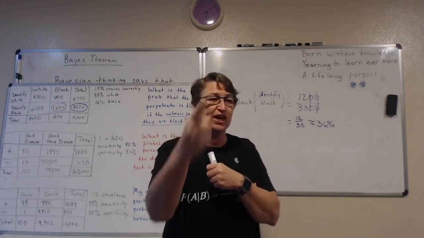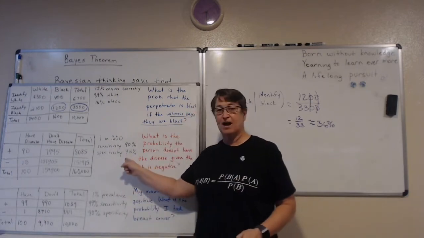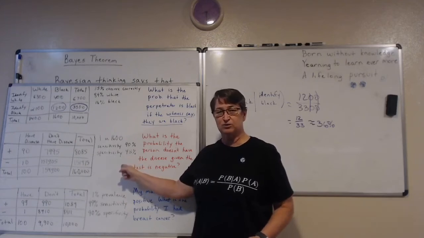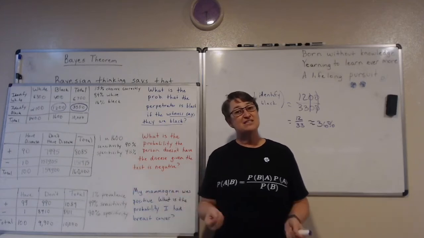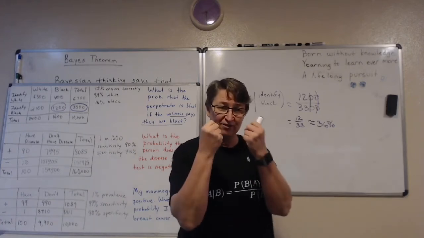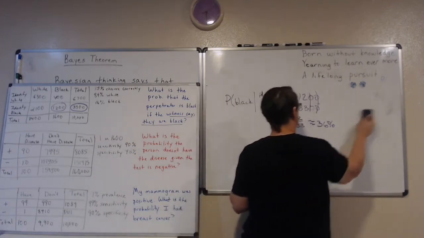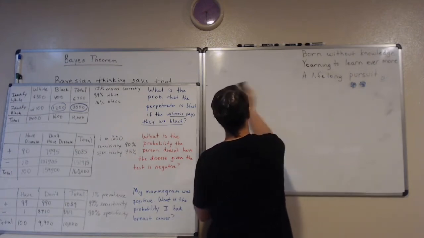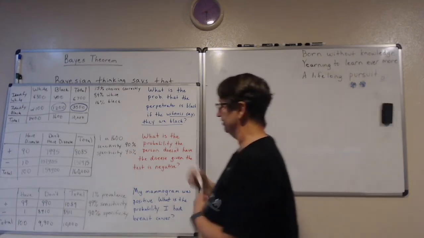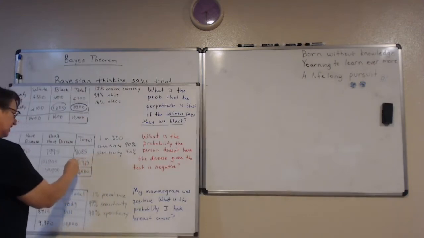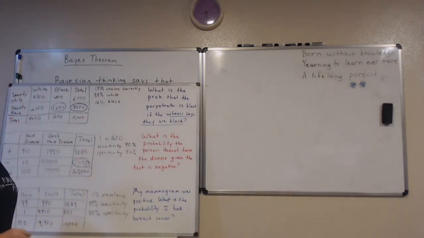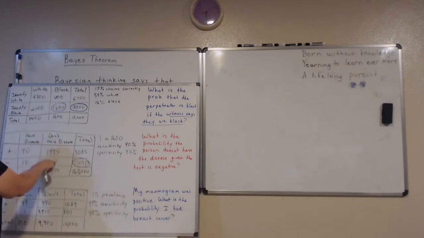Now, you might be thinking that it's 95% because the specificity was 95. But let's see if it actually is. You've totally got this. That's your denominator, and the don't have and the negative is your numerator.